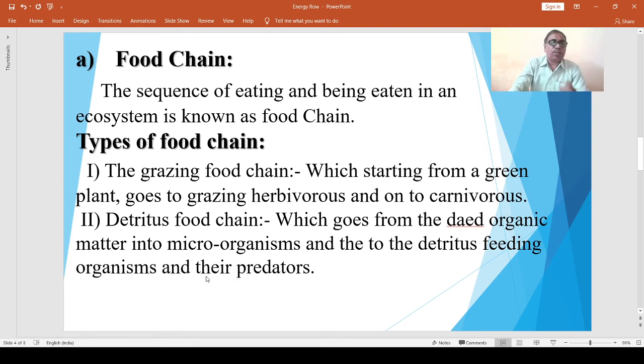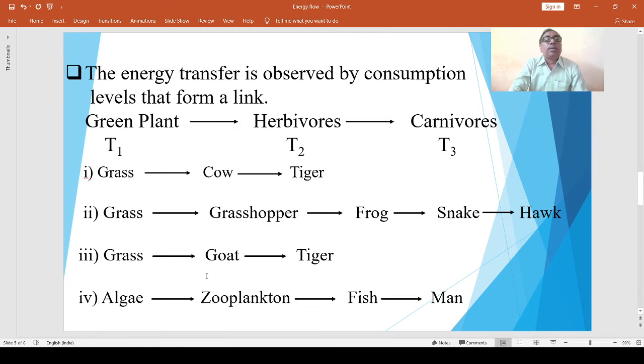It goes from a large organism to a smaller one. The energy transfer is observed by consumption level that forms a link, like green plants are consumed by herbivores. Herbivores are consumed by carnivores.